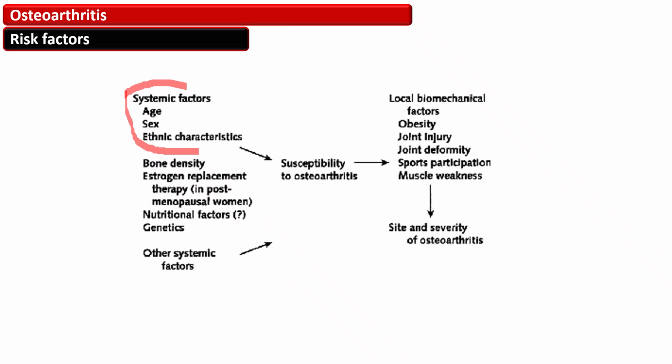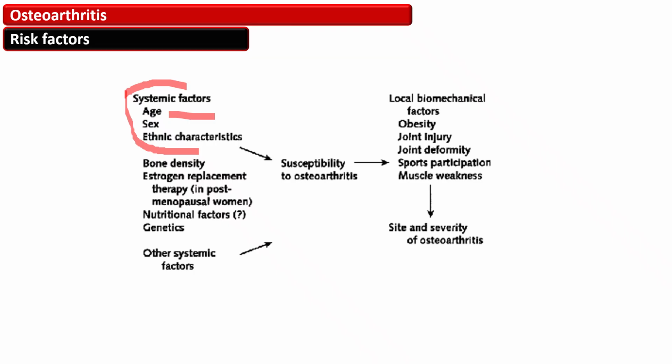Age is a very important phenomenon, and as age advances, there is increased susceptibility for this disease. It is very common beyond the age of 50, and 40% of individuals beyond the age of 70 have this disease.